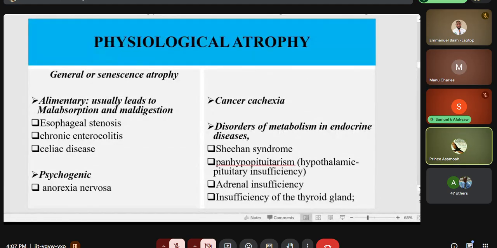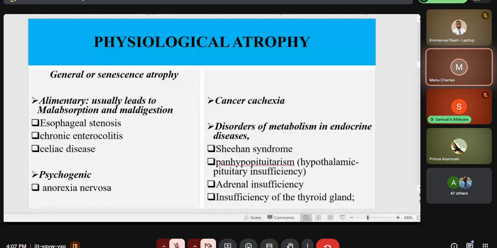A person may feel like eating, but there is a certain intention in mind that when he or she eats, he or she may become fat, or due to some other reason, he or she will not eat. So it is an eating disorder.